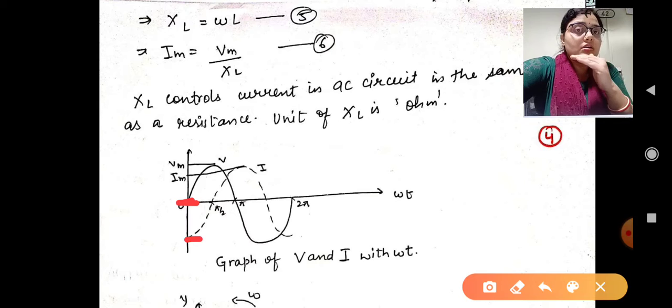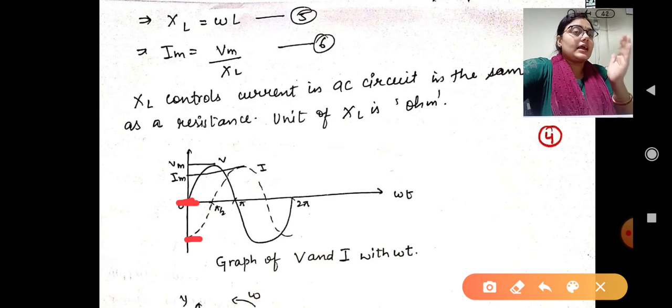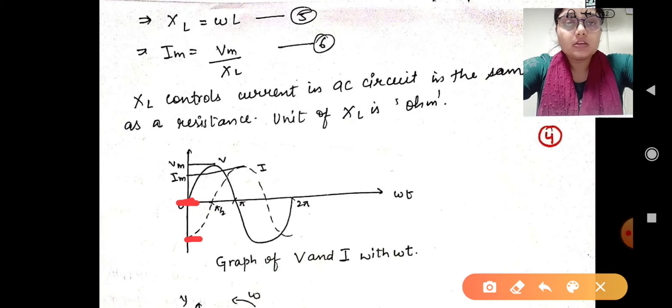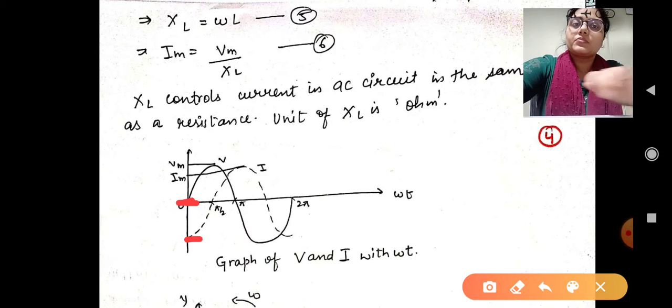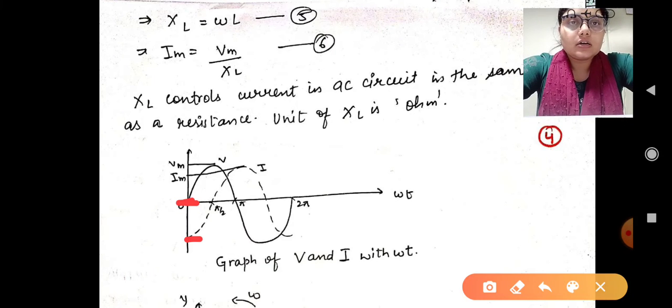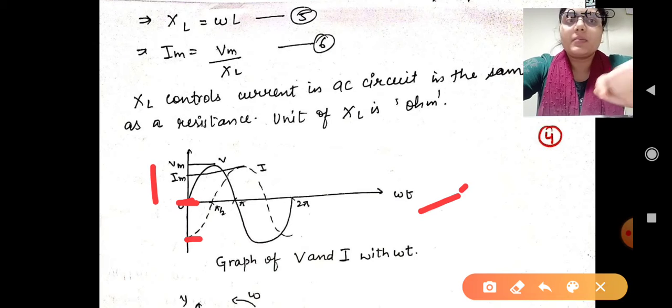Okay, because according to the equation it was 90 degree lag behind, because the 90 degree value is coming in the minus form. So it was starting from here, and you have seen it was always 90 degree lagging behind the voltage value. Clear? So here the graph we have plotted between the voltage and the current and the omega t value.